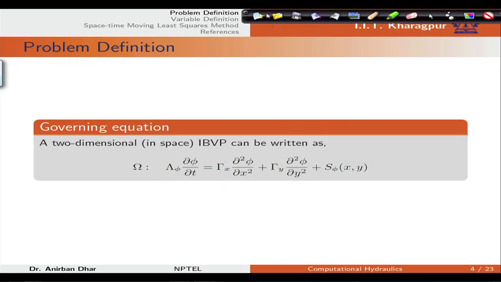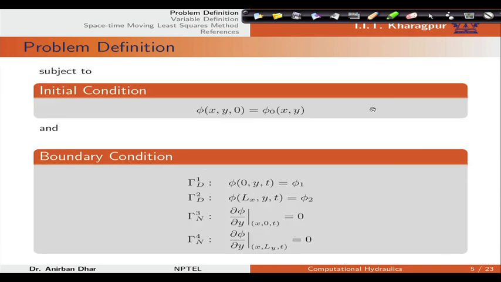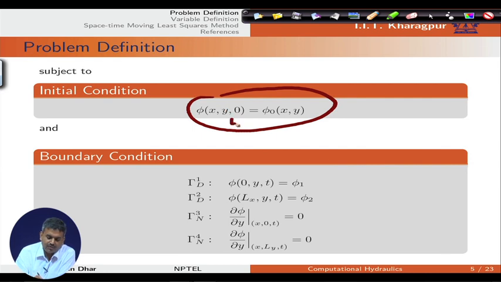Now, with this information we can start our problem. For the initial condition, phi is a function of x and y, and at t equals 0 we need to specify the value of phi, which is phi naught, varying over x and y.